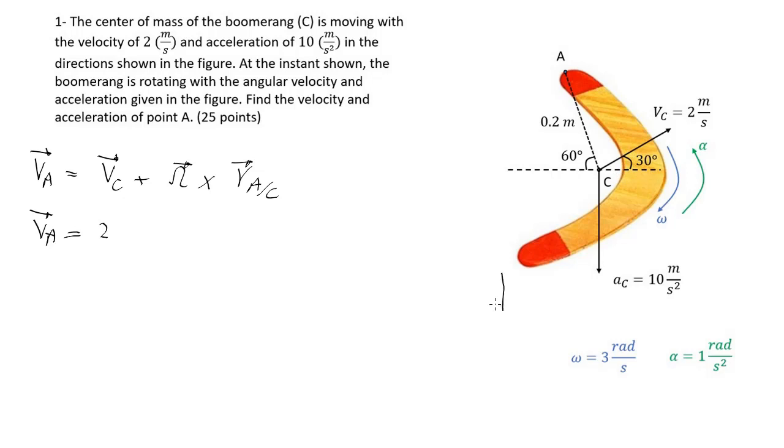I should have put a coordinate system here. Let's say this is X, this is Y. The important thing is that the horizontal direction is the X direction, and the vertical direction is the Y direction.